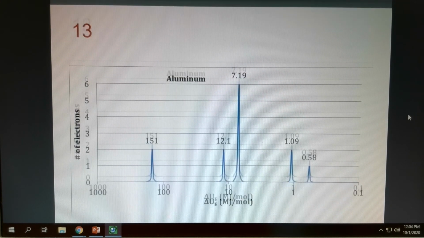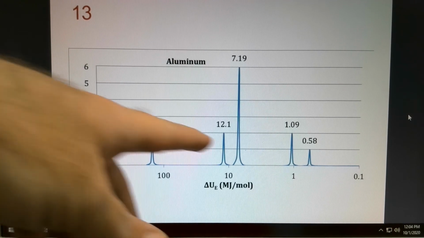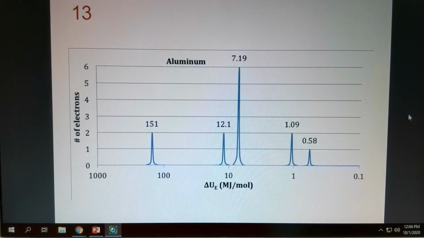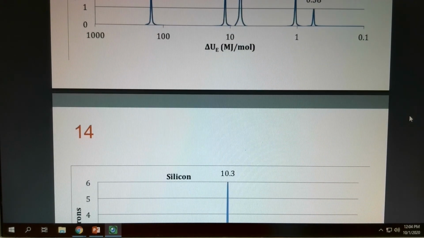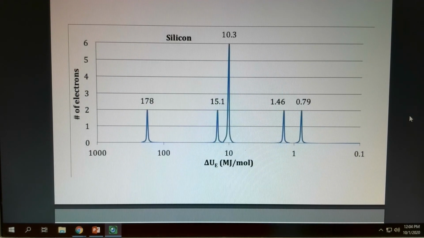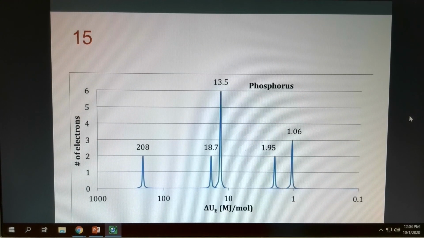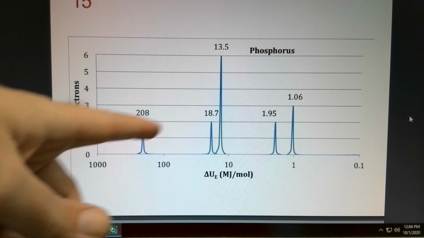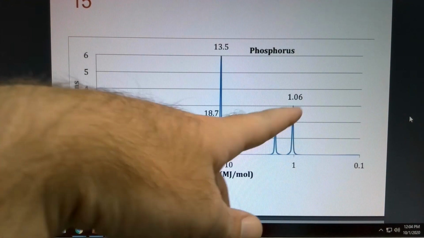Here's aluminum: 1s, 2s, 2p, 3s, 3p for aluminum. One electron in the 3p. Here's silicon. Now it has 2 electrons in the 3p. Hopefully you're seeing some patterns form. Here's phosphorus, 3p3. 1s2, 2s2, 2p6, 3s2, 3p3.